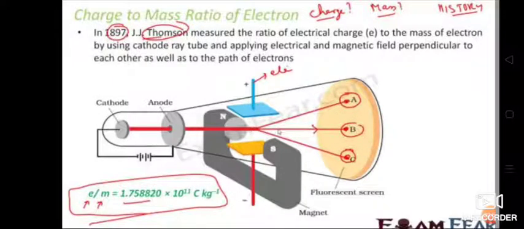This is also a type of cathode ray discharge tube, but here it has a fluorescent screen. When we connect the electric circuit, a beam of rays arises and moves towards the screen. What is the difference between the earlier cathode discharge tube and this one? Here we are using an electrical field and also a magnetic field.